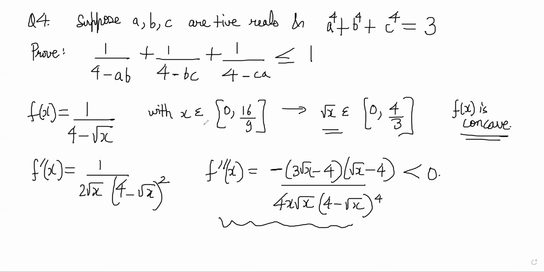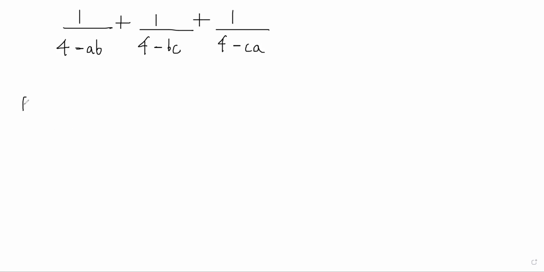Okay. If f of x is concave here, what I can say is for this function, I can write 1 by (4 minus ab) plus 1 by (4 minus bc) plus 1 by (4 minus ca). Now remember our function f of x was 1 by (4 minus root x).